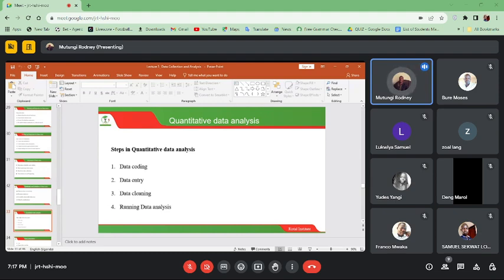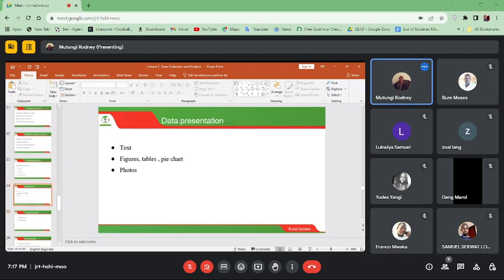So such are the things that are going to be done in data analysis, okay? How many people are married in this area? How many people are Muslims? How many people are employed? How many people are educated? To what level? So that is what we call the data analysis.